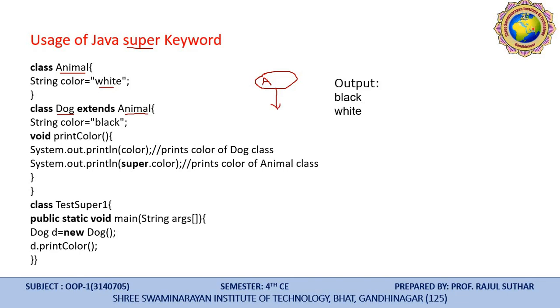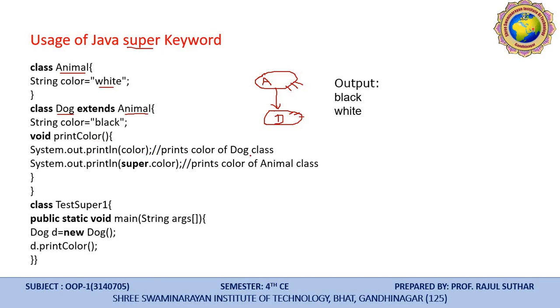It derives the contents into the subclass, that is the Dog class. Class Dog extends Animal, means each and every attribute of the Animal class will be covered in the Dog class. String color is equal to "black", void printColor, System.out.println color.